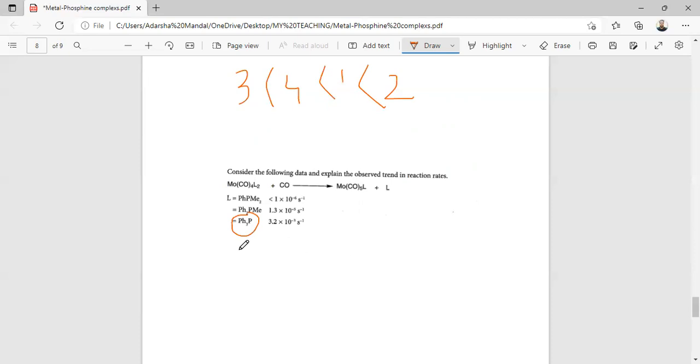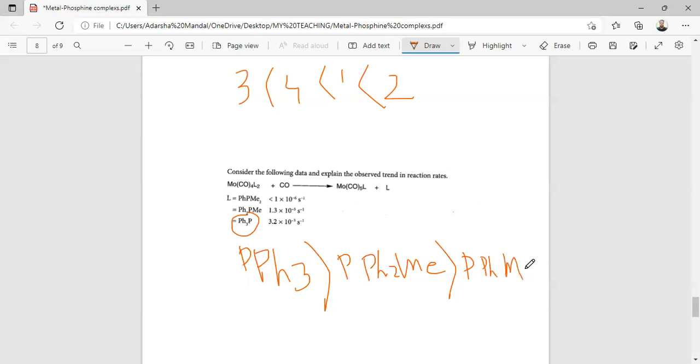Between these three, the cone angle is high for PPh3 compared to PPh2Me, compared to PPhMe2.